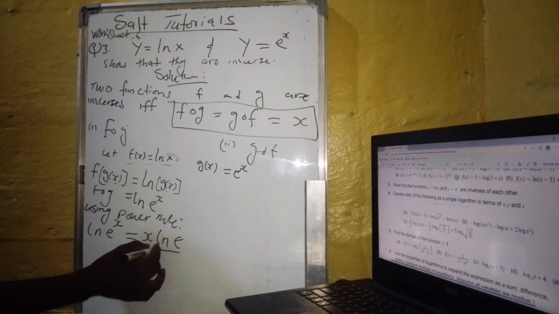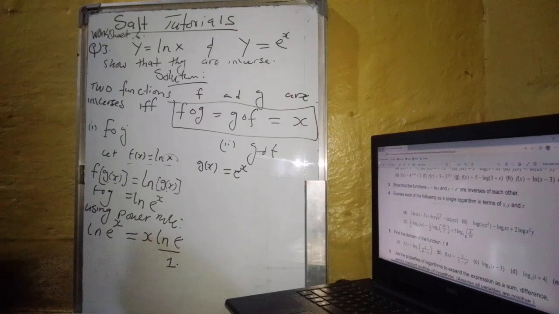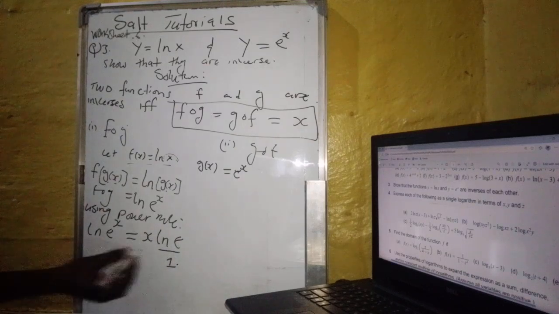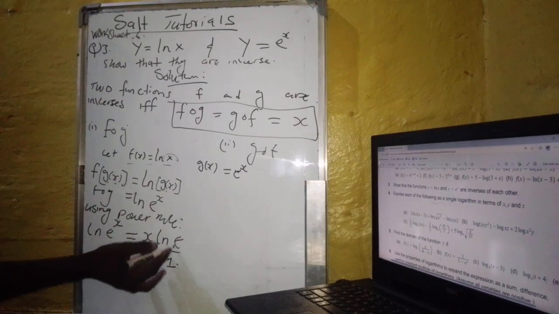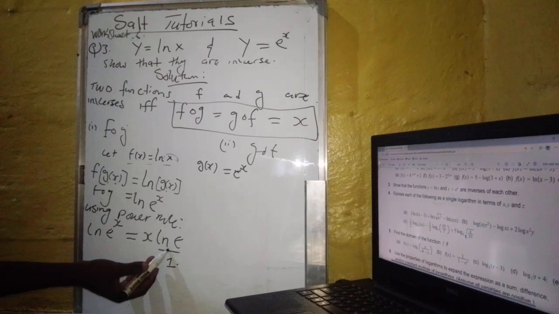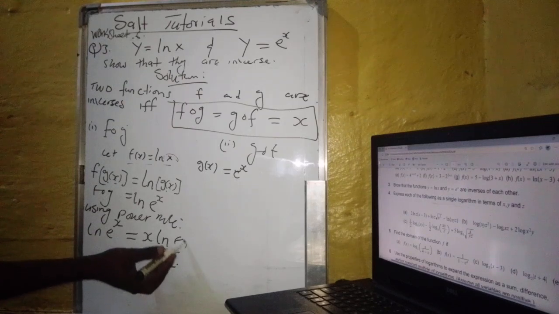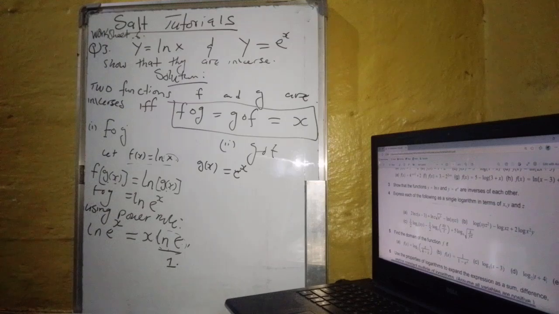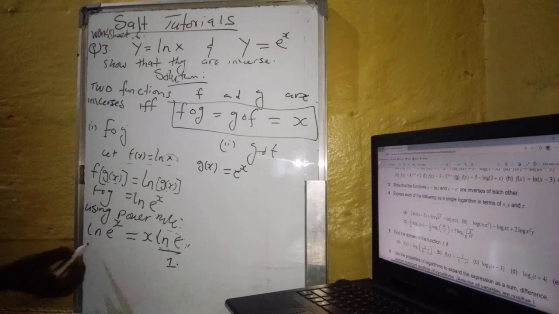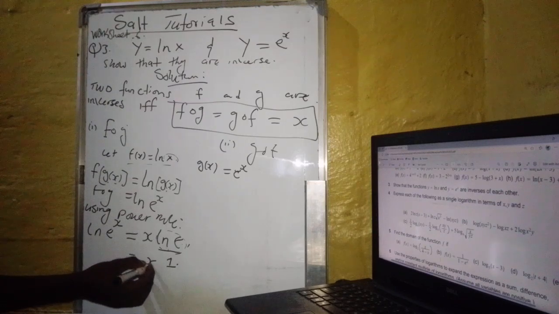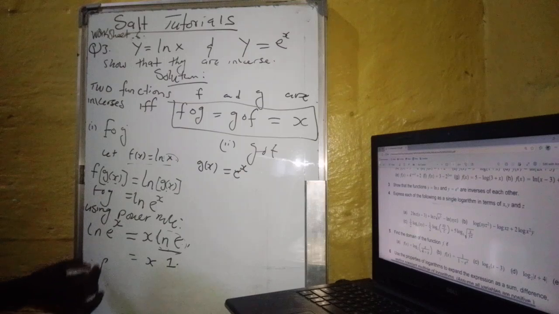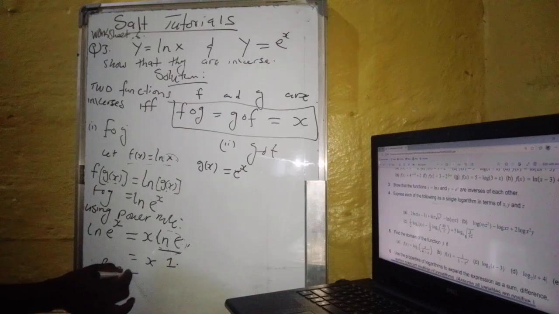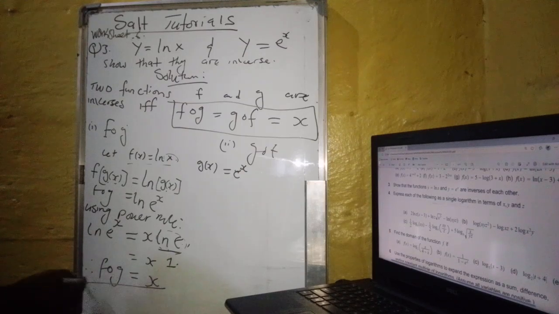And the natural log of e is basically 1, because it is a special log which has a base of e. If the base and the input are the same, the whole expression becomes 1. So this is just equal to x, which implies that the function f of g is now equal to what?